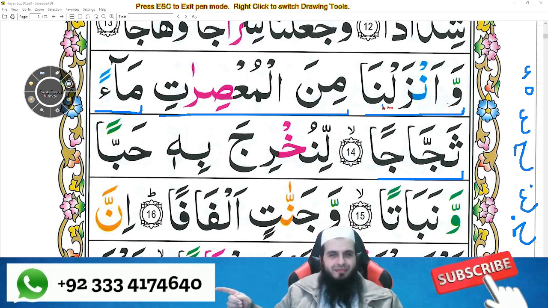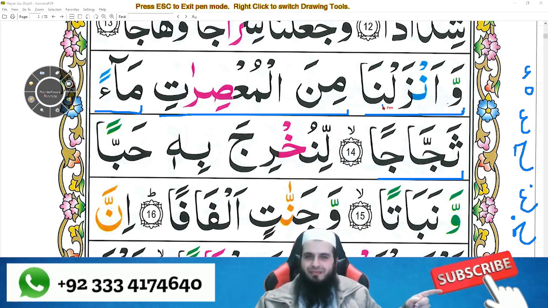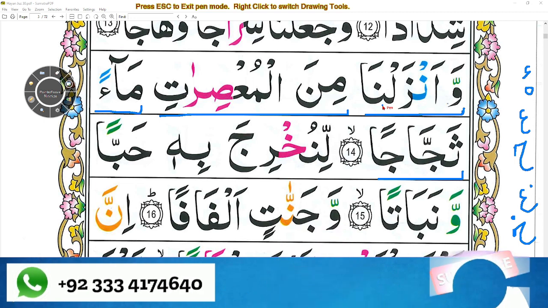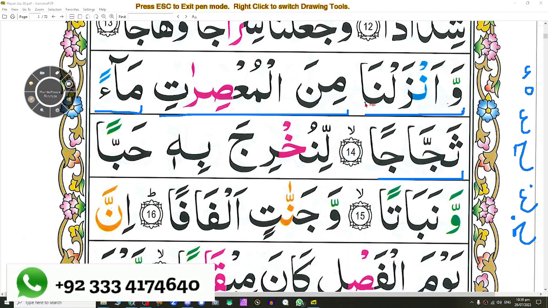Wa anzalna. We are stretching the na because noon has a fatha on it and next to it is alif without any sign, so we are applying the alif madd rule. You have to keep both the rules in this word in mind. Wa anzalna.